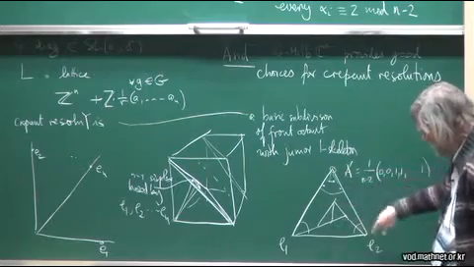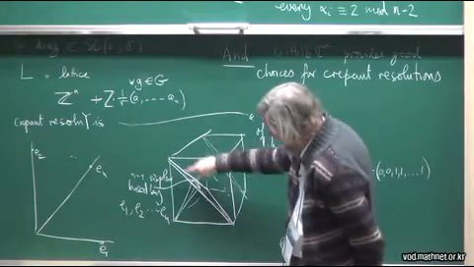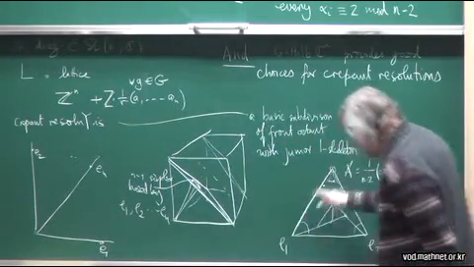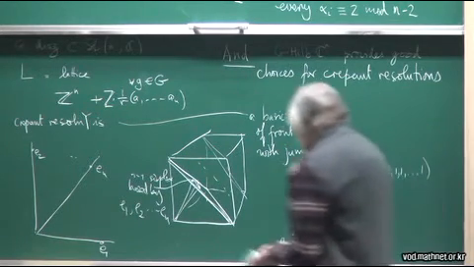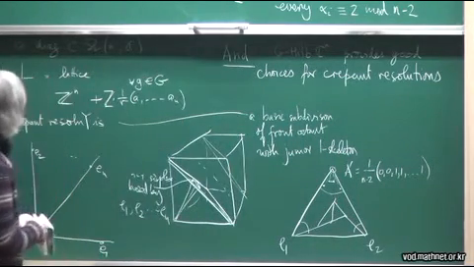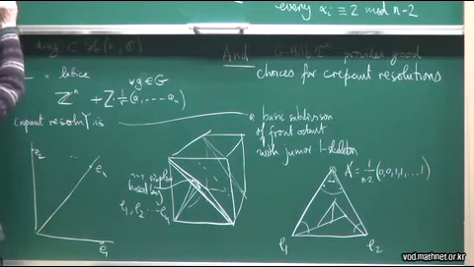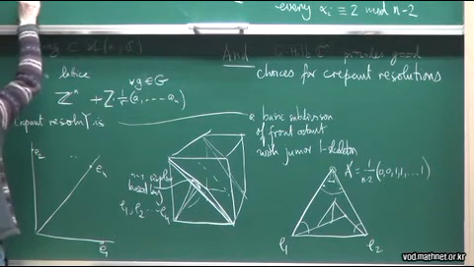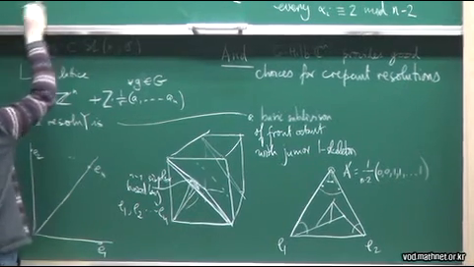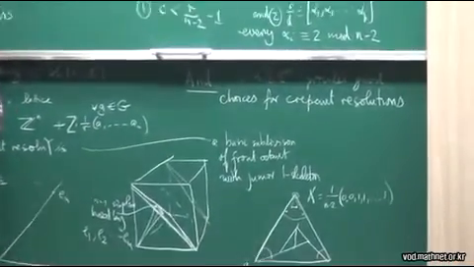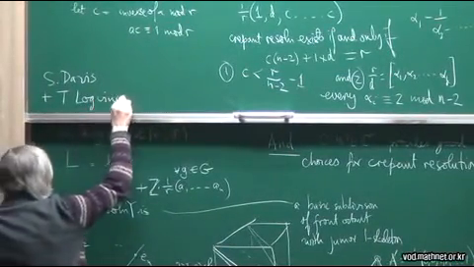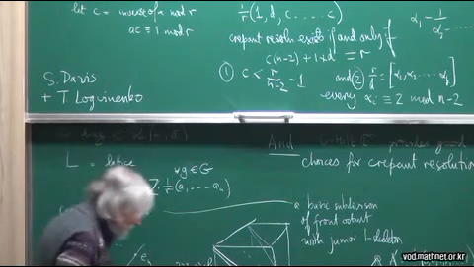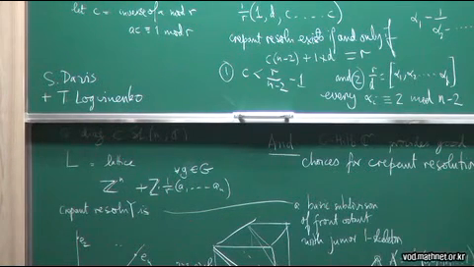This here was an n-1 simplex. This is a plane triangle. I should say this is a result in the thesis of Sarah Davis, and it's a joint paper with Timothy Logvinenko. And I think it's a well-known principle that the more authors a paper has, the slower it is to appear.